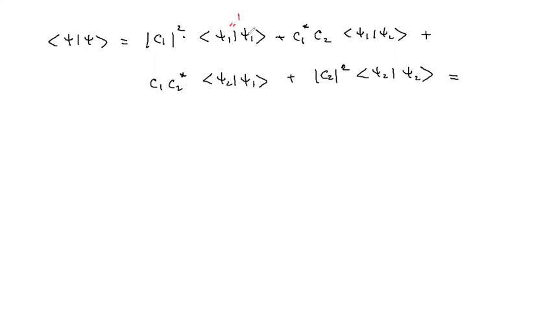Psi1 and psi2? 0. Psi2 and psi1? 0. And finally psi2 and psi2? 1. So it will give me some conclusion that if you take a vector psi and would like to calculate the normalization of this vector psi, you're going to get C1 square plus C2 square. And in principle, I would like to put it to 1, yes? Because this is a normalization of my initial state.